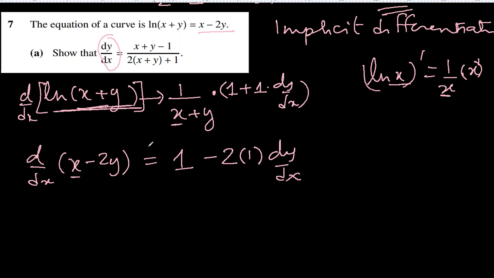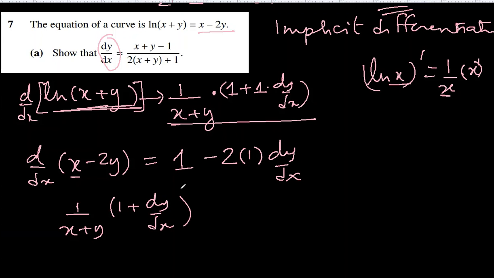And now write both of them together according to the placement in the equation. So the left side was differentiated like this: 1 over (x + y), times (1 + dy over dx). I'm not writing this one, okay? No need. Equal to 1 minus 2 dy over dx.